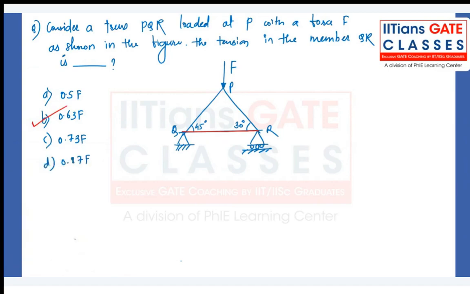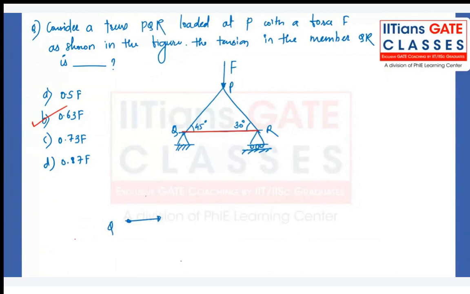So what we are supposed to calculate here is the force in the member QR. So either you can take point Q or point R. If you consider the point Q, the free body diagram will have one force in this direction, one force in this direction, and one upward force.